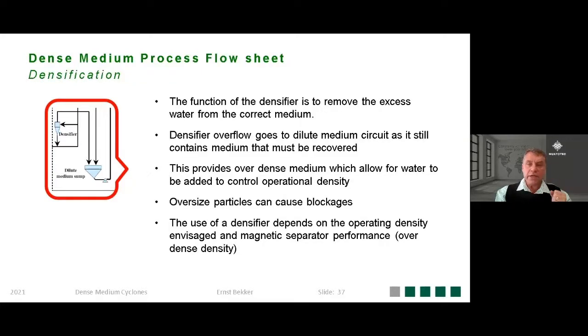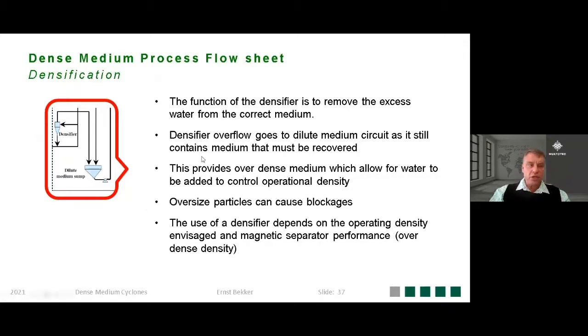The purpose of the densifier, which is this unit situated here, is to remove excess water from the correct medium. The densifier overflow, because it contains some media, goes to the dilute circuit because you need to recover that media. You can't let that stream leave the circuit. And it provides overdense. The underflow of the cyclone is a high density, and that provides overdense for your correct media sump, which thereafter you can add water to control your density.